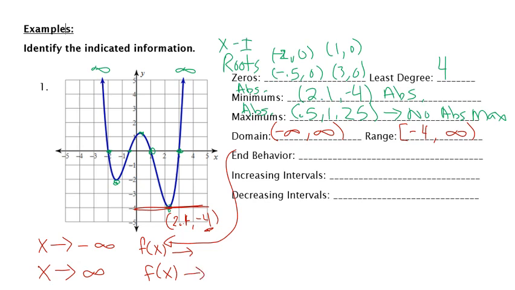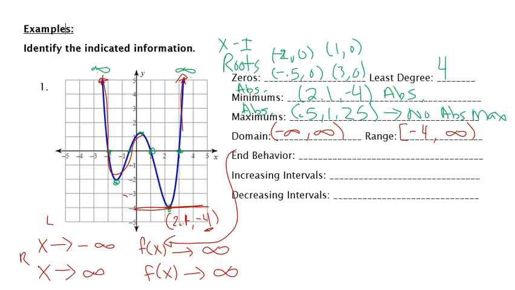So this is basically saying when we go to the left and when we go to the right, what's happening, right? So in this case, I have 2 arrows going here. You can see these are both going to positive infinity. So this one's actually kind of an easy one. If I follow the graph to the left, it's going to positive infinity. If I follow the graph to the right, it's also going to positive infinity. So my end behavior, it's actually going in the same direction for left and right.